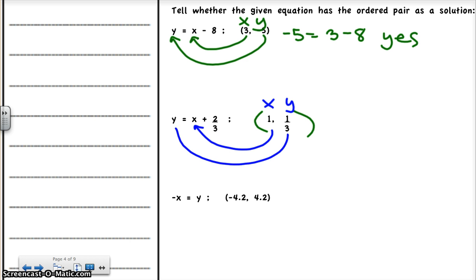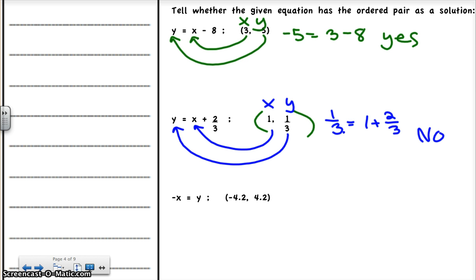My y is going to go here. Plugging in. Does 1/3 equal 1 plus 2/3? There's no way. No. Yay, we actually have a no solutioner. Because this would be 1 2/3, which is way bigger than 1/3.